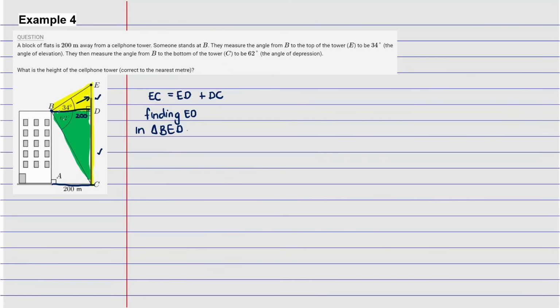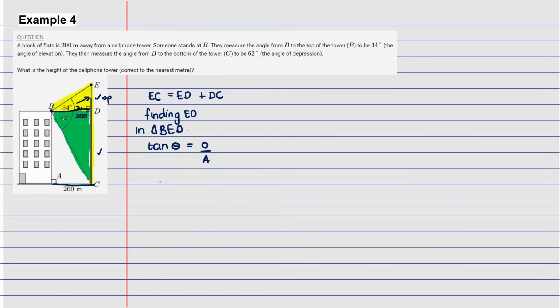So we're given this side, which is 200 meters, right? So we have opposite and adjacent, which means we use tan. Tan theta is equal to opposite over adjacent, right?